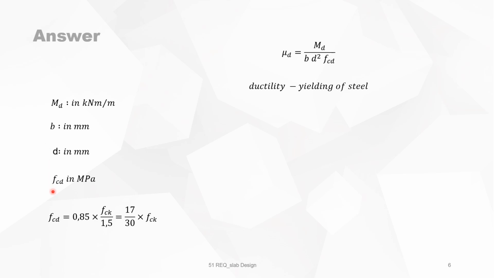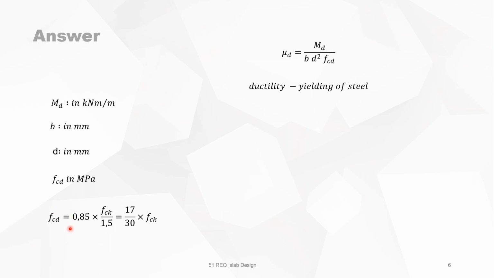But the definition of a reduced bending moment is equal to the bending moment divided by b d squared fcd. And we will write this equation with M d in kilonewton meter per meter, b the width in millimeter, d in millimeter, and fcd in megapascal.